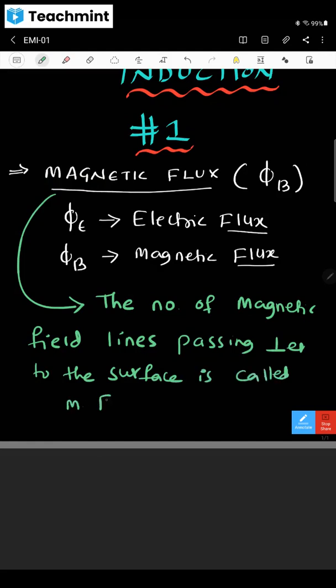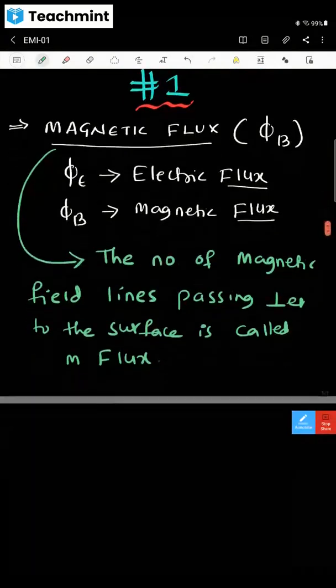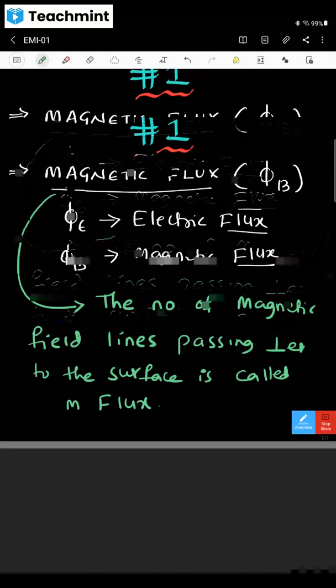It's quite simple, just like electric flux. What was electric flux? That was the number of electric field lines passing perpendicular to the surface. Similarly, magnetic flux is the number of magnetic field lines passing perpendicular to the surface.